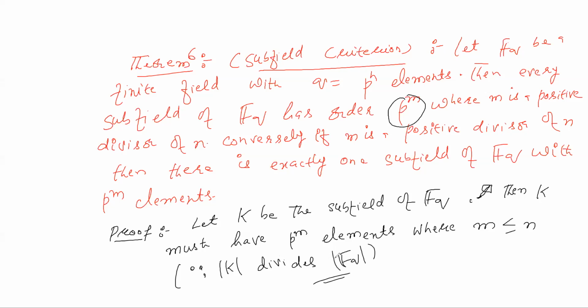Okay, so m is less than or equal to n. But by lemma 1, q, which is p raised to power n, must be a power of p raised to power m.